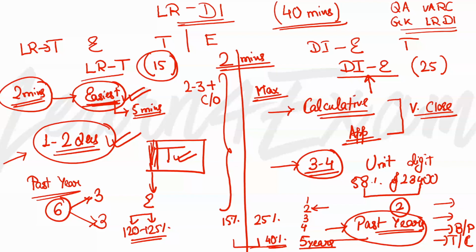So you need to ensure that not only do you clear the cutoffs, you also get around 20 to 25% of the marks extra, which would really help you in getting through the college itself.